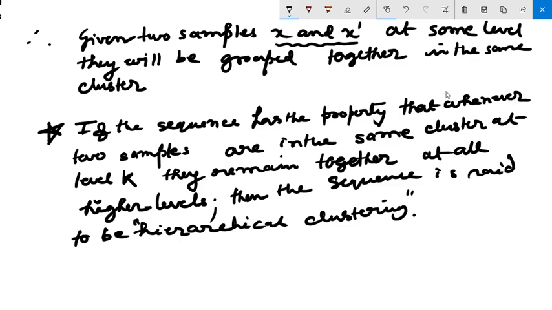Now we are starting a little bit from the scratch so that we can understand in a better way. So next point is, the most natural representation of hierarchical clustering is a corresponding tree.